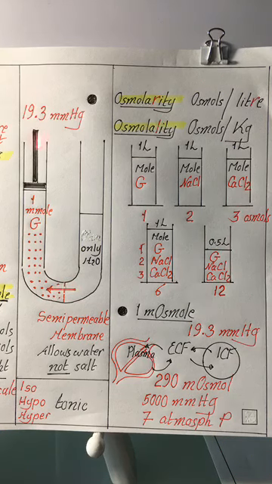So we need a pressure of 290 times 19.3. 19.3 multiplied by 290 will be around 5,000 millimeters mercury. Now you know what's meant by the osmolality of plasma equals 290 milliosmoles per liter.